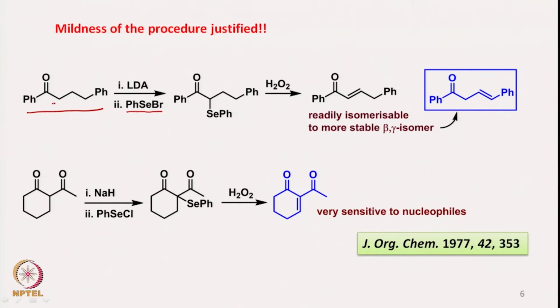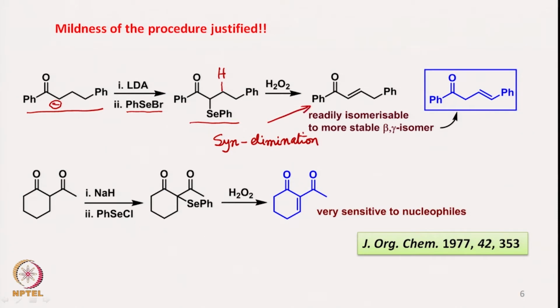So, obviously you will first generate an anion here with the LDA, which is lithium diisopropyl amide, and react with the phenyl SeBr to introduce the Se phenyl group here, which upon oxidation with hydrogen peroxide will allow the elimination, of course in a syn fashion, to form this particular compound.